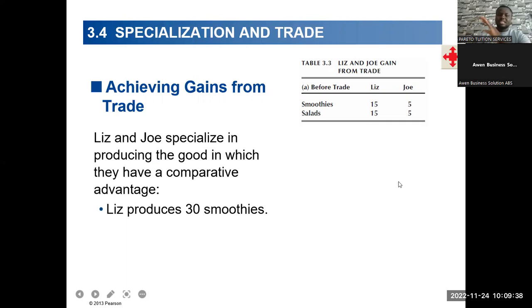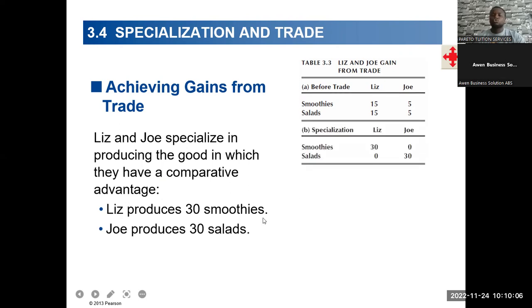But now, Liz is specializing in the producing of what? Smoothies. So if she specializes in the production of smoothies, then she will only produce smoothies without producing any salad at all. And remember, we said she will produce what? 30 units in an hour, because she uses 2 minutes to produce each smoothie. So if Liz should stop producing salad, then she can produce 30 units of smoothies.